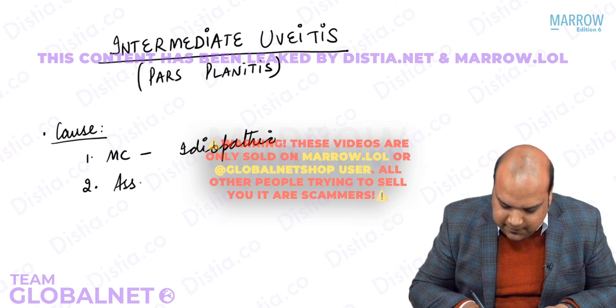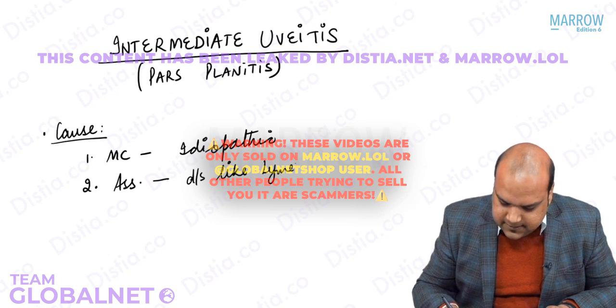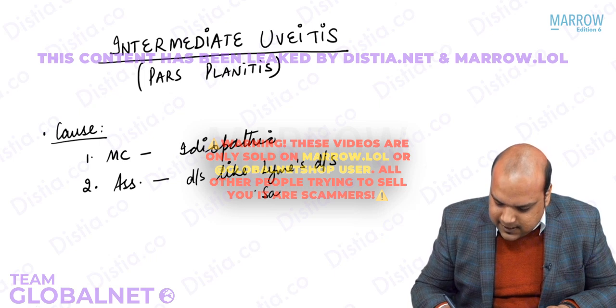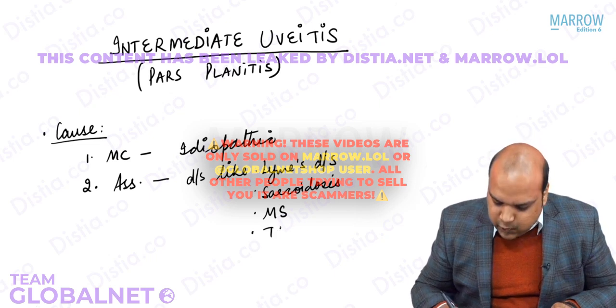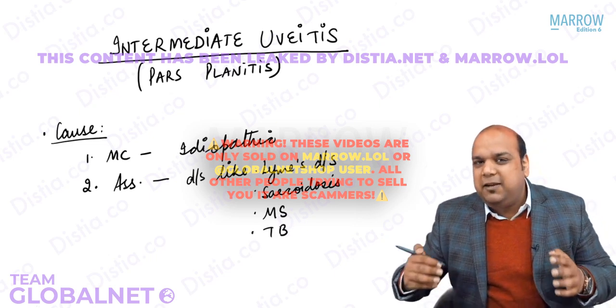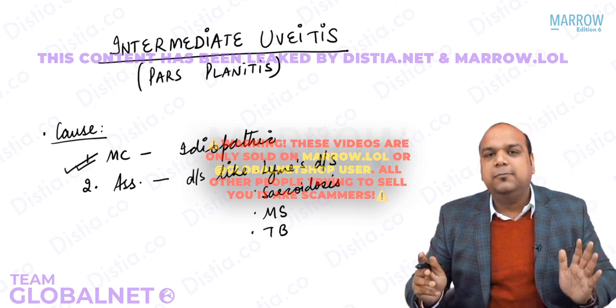Secondly, it can be associated with diseases like Lyme's disease, or again sarcoidosis, or in rare cases multiple sclerosis, tuberculosis. But all this is very, very, very rare. I don't even want you to remember this. Only this much will do. Okay?